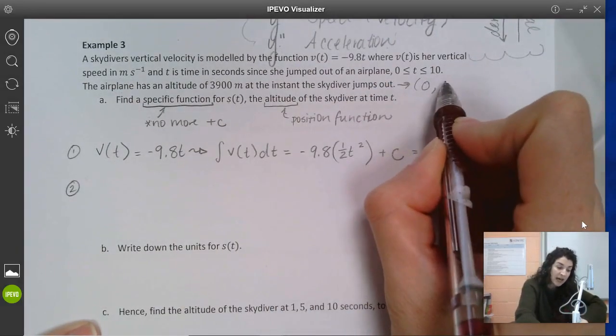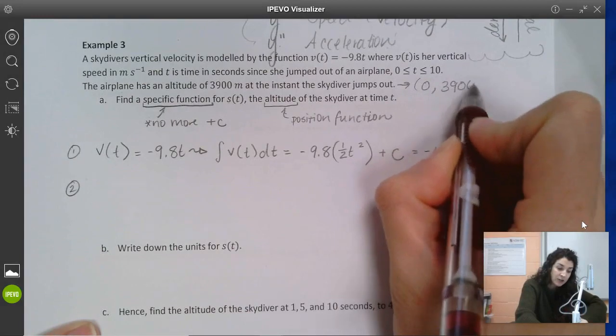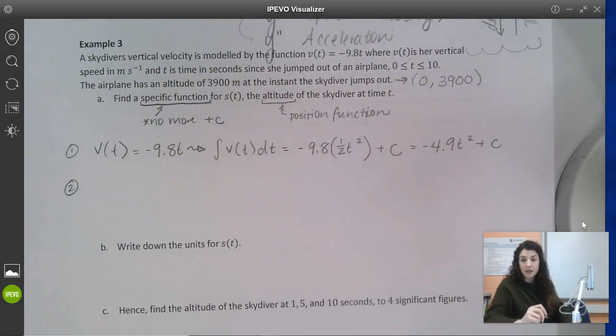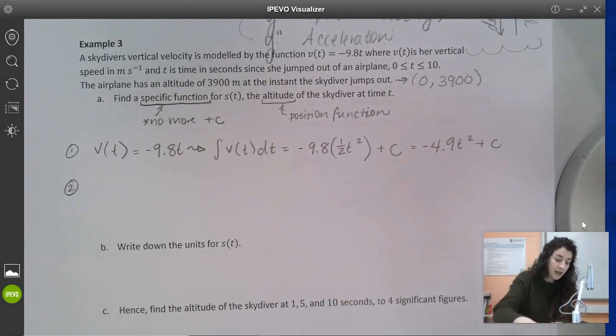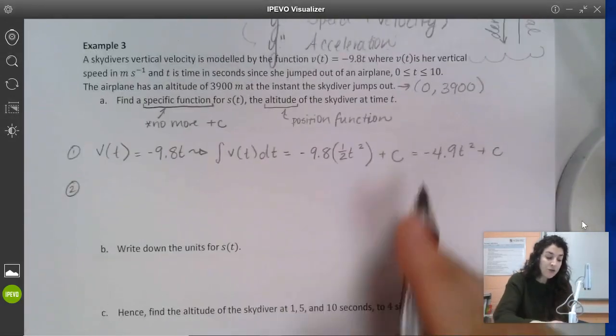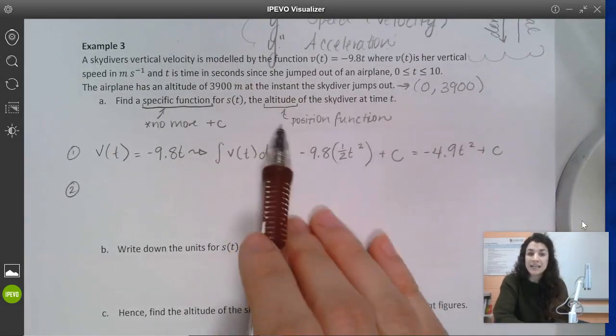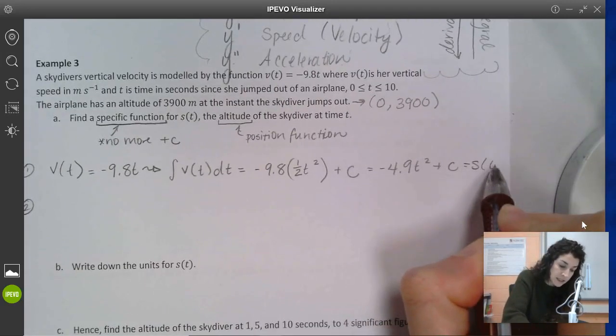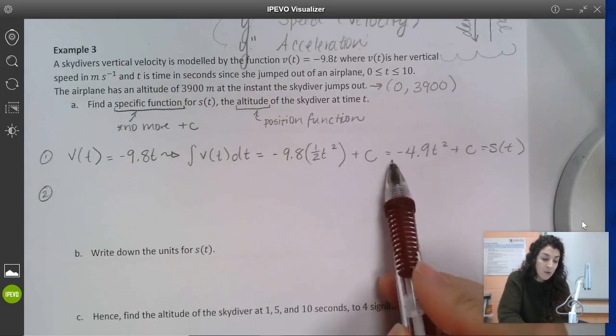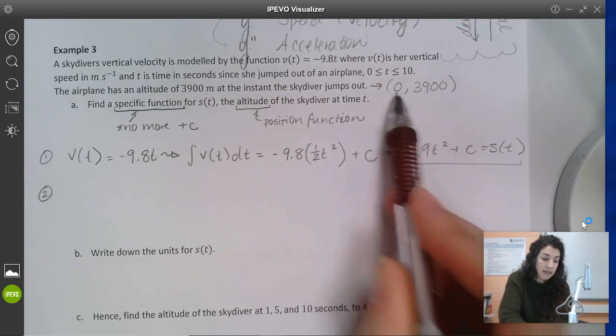The displacement or the height is 3,900 meters above the ground. So when we have that information, we can plug that information in for this, S of t. We can plug that in for this piece right here, right? We can plug in 0 for t.